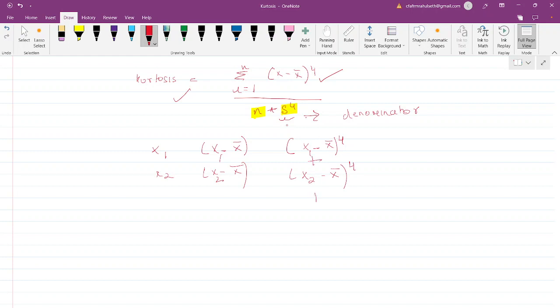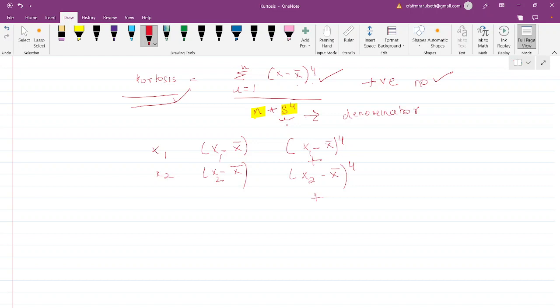So the sum of these deviations is going to be positive, and the numerator of this ratio is going to be positive. So both numerator and denominator are going to be positive. So kurtosis is never going to be a negative number. It's always going to be a positive number. This is something that we need to bear in mind.